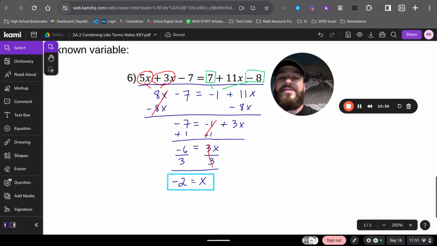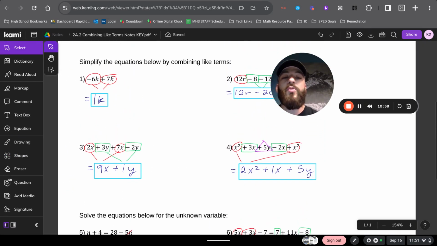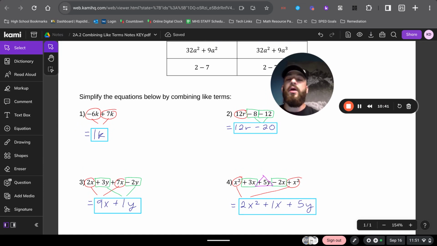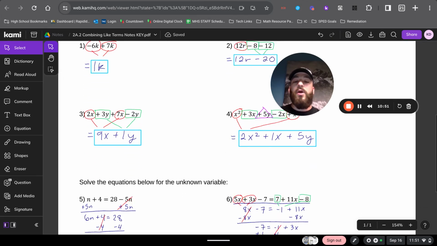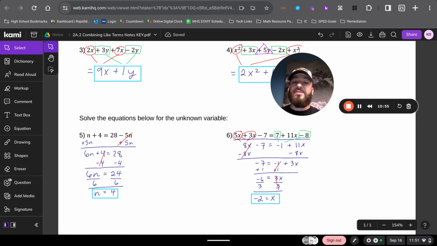All right, so that is combining like terms. So when we're combining like terms across expressions, remember we are just looking for combining any of those terms that are the same in that long string of expressions. We want to combine it until we have a single representation of each type of term. When we are combining in equations, important note is that we cannot combine like terms across an equal sign.